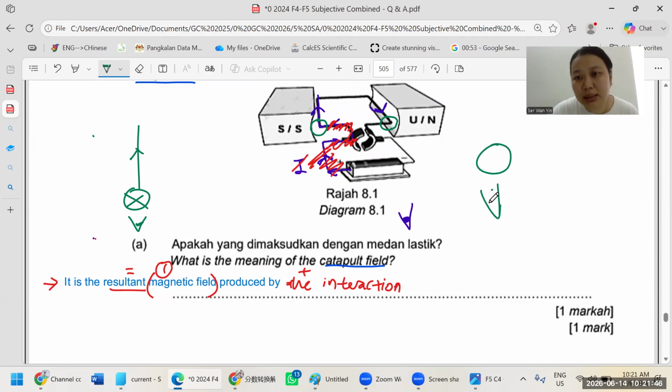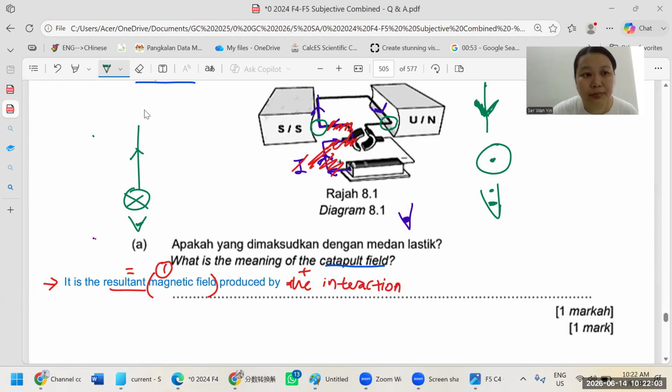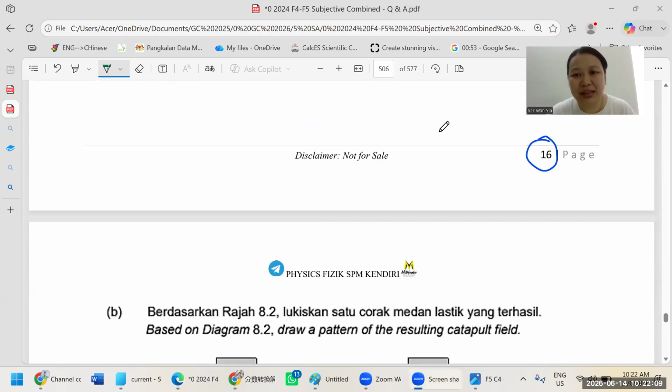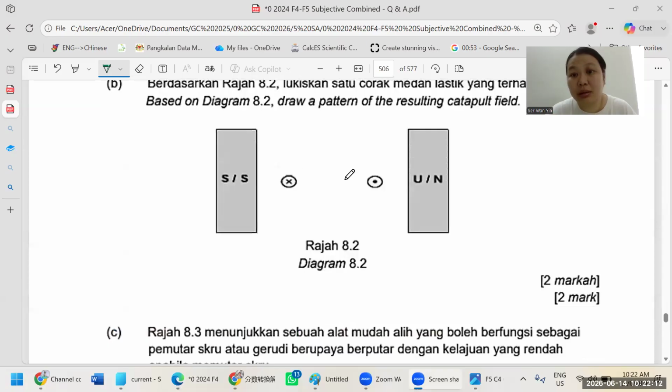This is your eye. So what should you see, a dot or a cross? Thank you, a dot. Yeah, cross and dot.